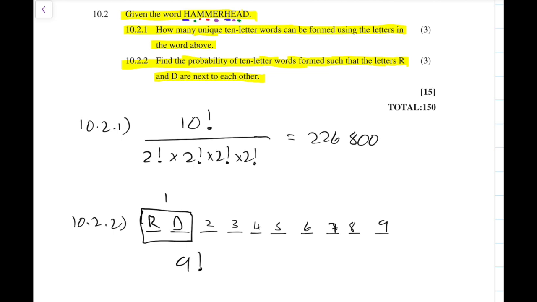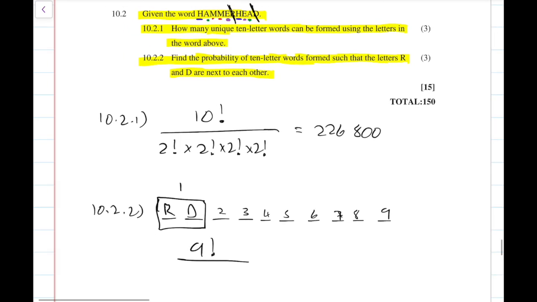Now in those 9, R and D don't have any repeating letters, but the rest of the repeating letters have to be taken into account. So how many times is H repeated? Still twice. A is still repeated twice. M is still repeated twice. And E is still repeated twice.